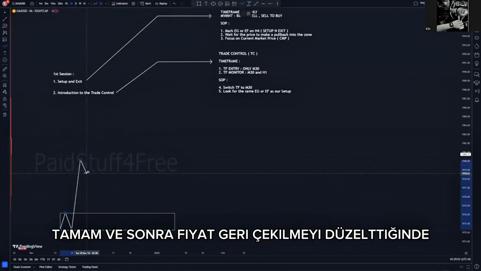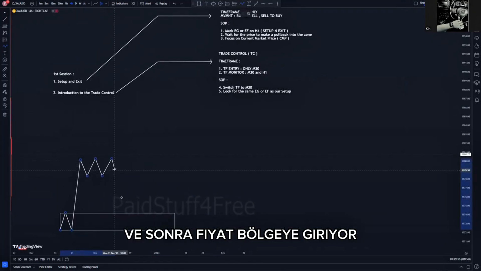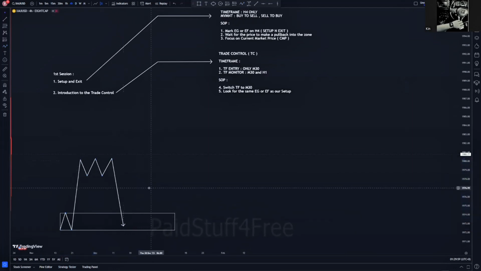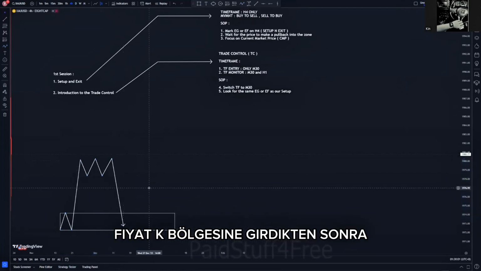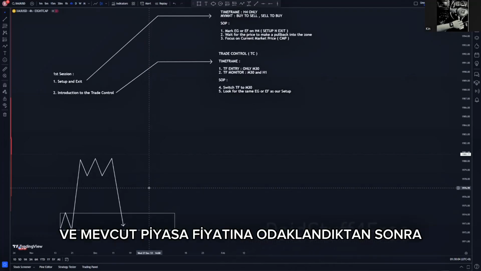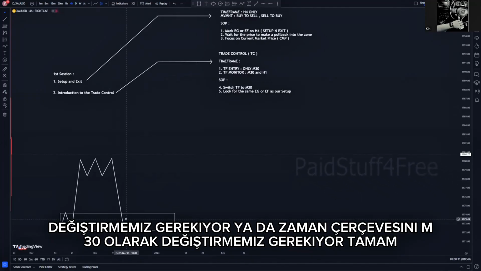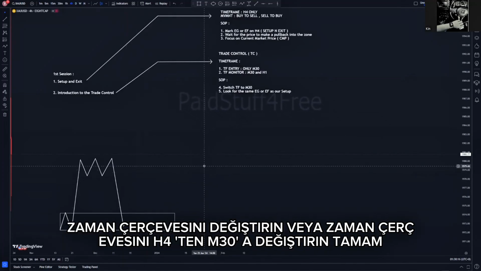When the price makes a pullback and gets into the zone, and after we focus on the current market price, what is the next step? Right over here, we need to switch, or change, the time frame from H4 to M30.